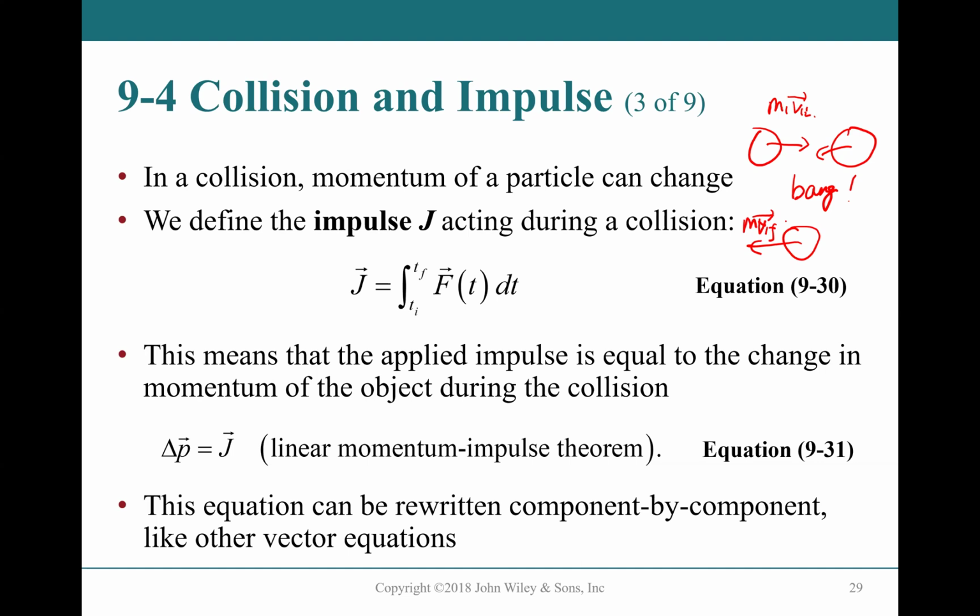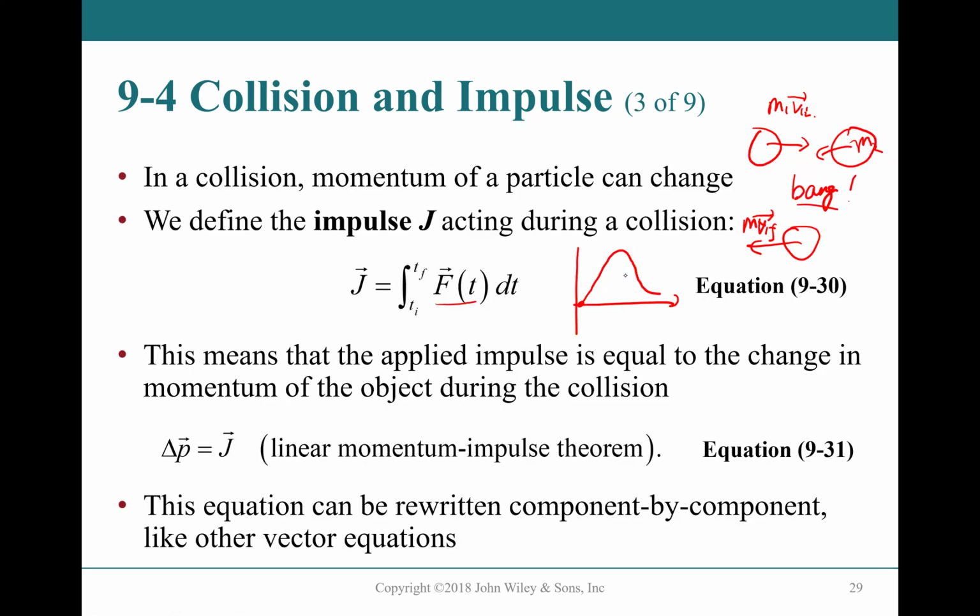The reason we have a momentum change is that during the collision process there will be a force applied by, let's label this, M2 on M1. During a collision, forces are applied between the two objects. At the initial contact, we do not have any force.